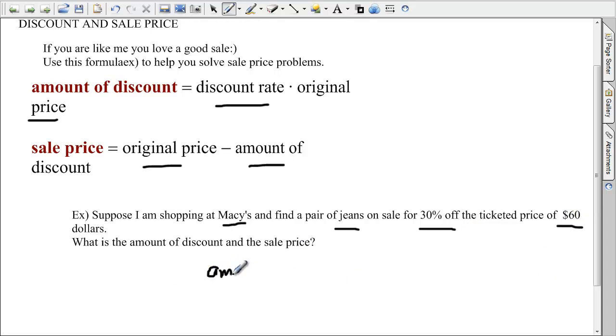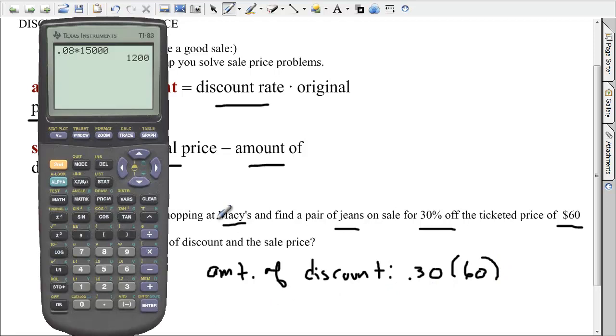All right, so let's just lay this out. The amount of discount will be 30%, so as a decimal, 0.30, times the ticket price. Now, some of you could probably do that in your head. Well, there's nothing wrong with keying that in. So 0.30 times 60 is $18.